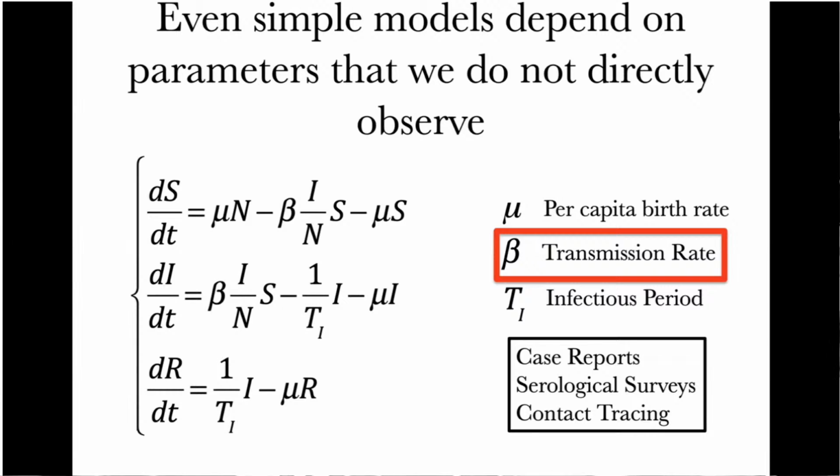Sometimes we do serologic surveys. These are surveys where, for some diseases, you can actually look at the IgG levels, which can give you a history of past infection. And sometimes you even do contact tracing to try to gather what is happening in the background that you cannot directly observe.